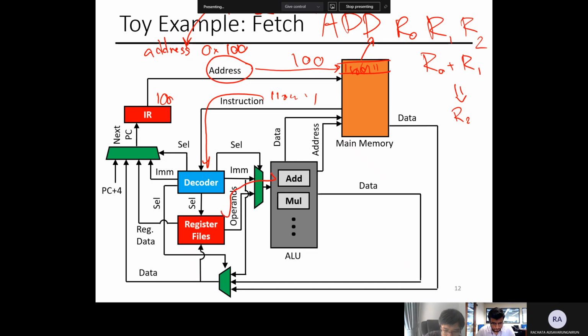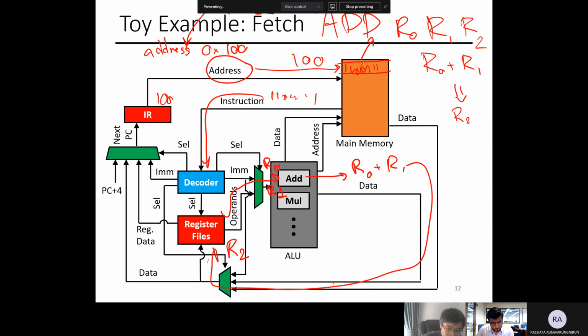So it will first make sure R0 and R1 get fed to the adder, so that the adder can add the two numbers and give R0 plus R1 out from the output port. Then you feed it back to the register file to store it back as R2.